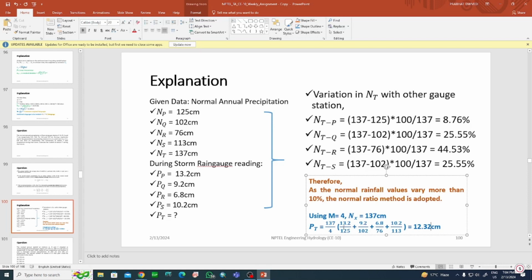Another value: 9.2 divided by 102, so it is coming 0.09, I guess. Another value will be 6.8 divided by 76. I just want there should not be any kind of confusion.